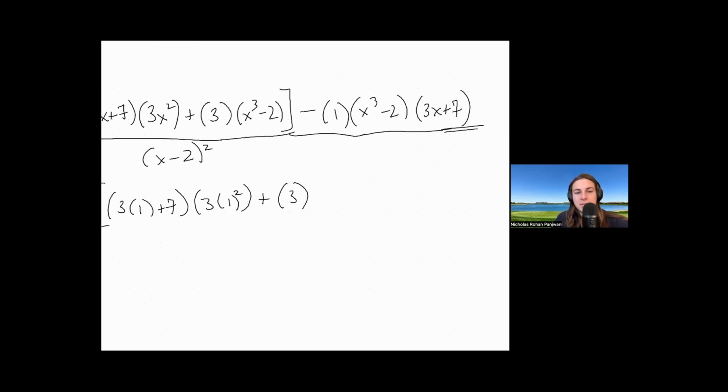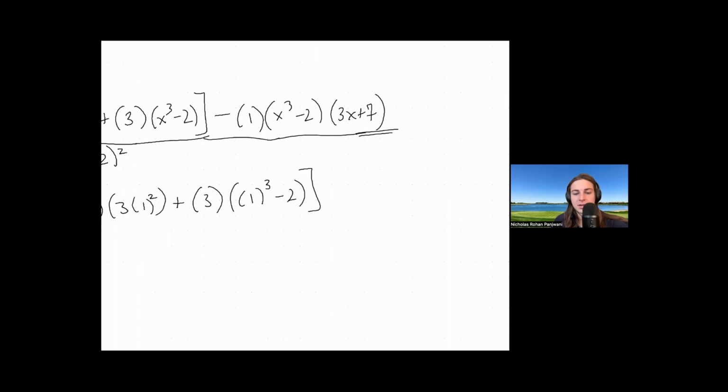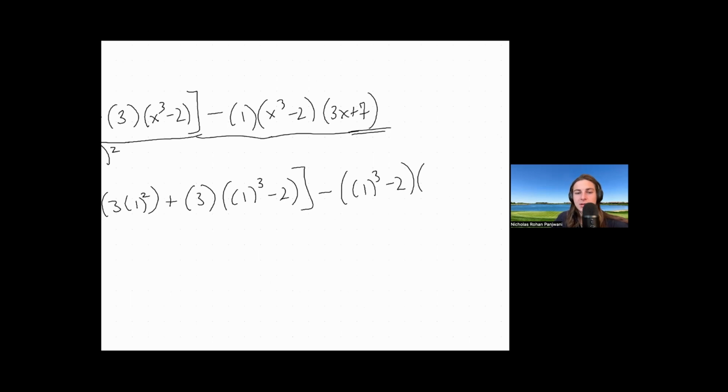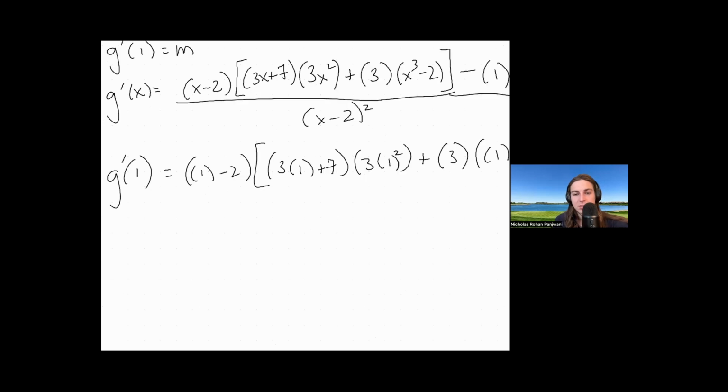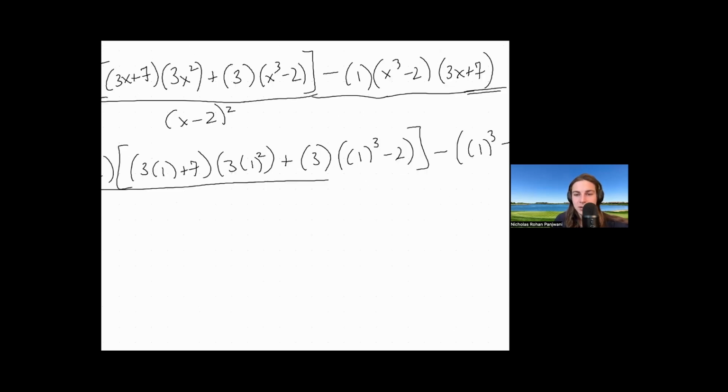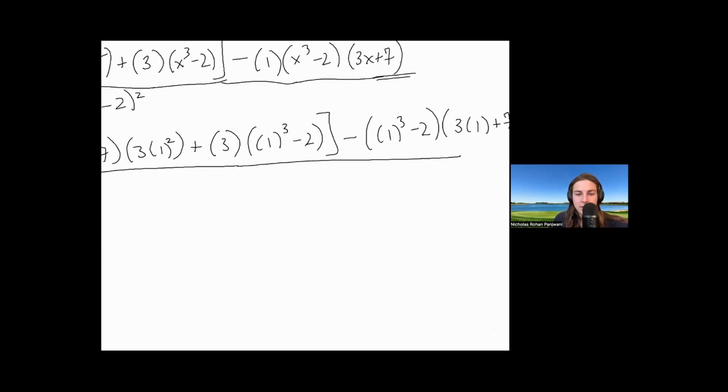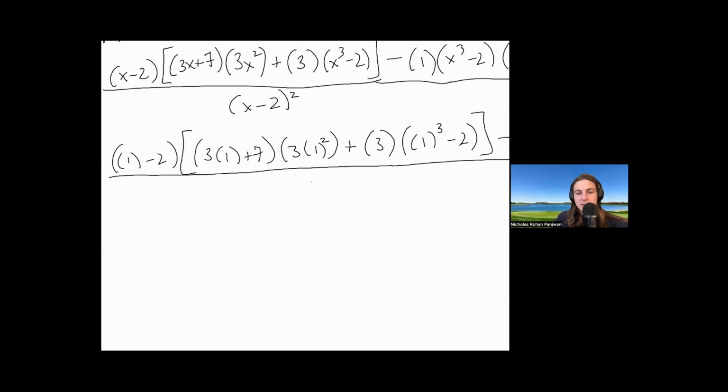1 cubed minus 2 minus 1. This 1 times can kind of drop out. So 1 cubed minus 2, 3 times 1 plus 7, all over 1 minus 2 squared.